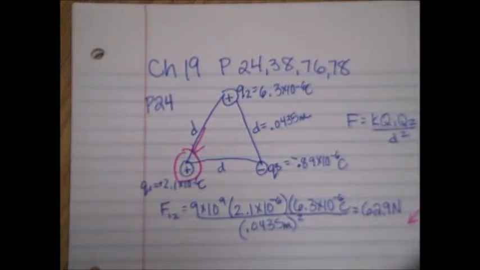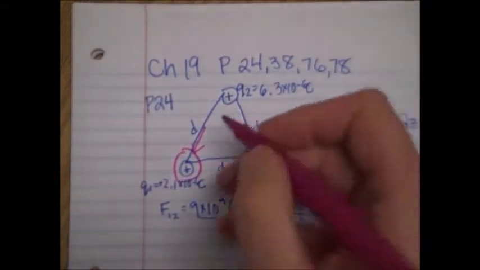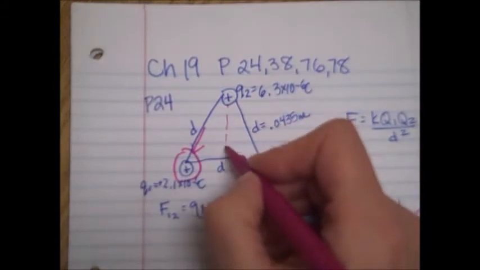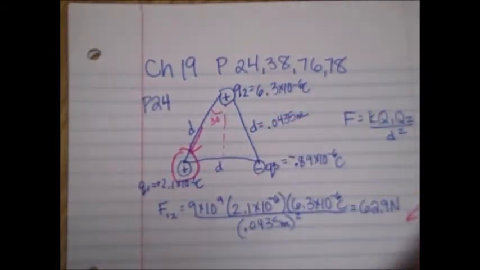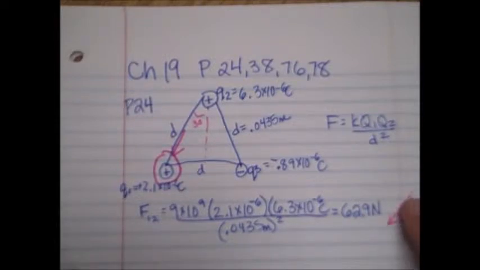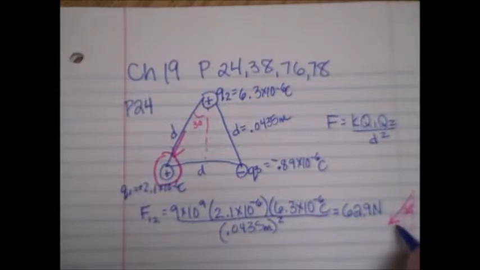If I were to bisect this part of the triangle, then this must be a 30-degree angle. So I know that this force is 62.9 along a 30-degree angle. In order to add that with the other force, I'm going to need to break this up into two components.